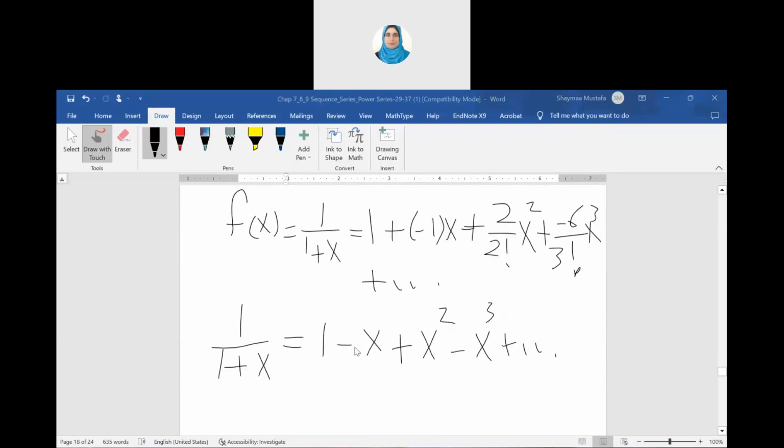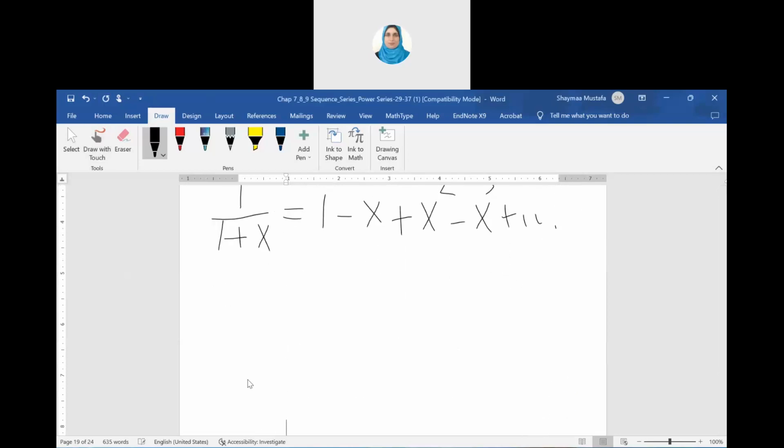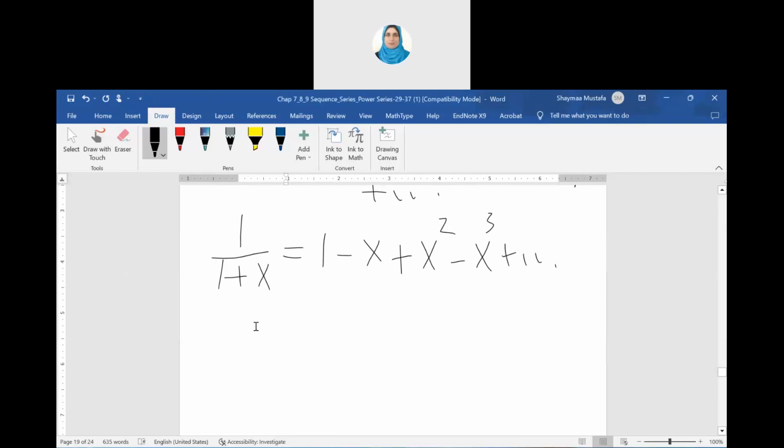How can we find it? Should we repeat all the steps again or how? Should we repeat all the terms or can we use this result? What do you think? Can we use this result to find the function 1 over 1 minus x, or do we have to repeat all the terms?